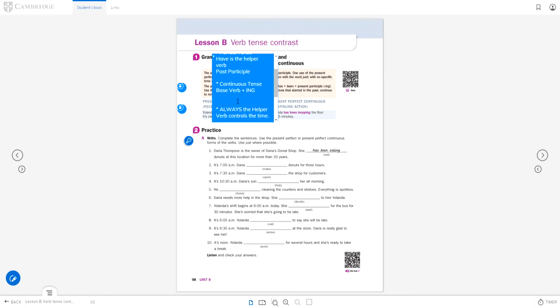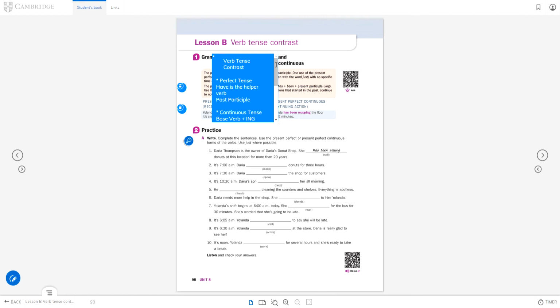Then you're gonna have been, the participle of the verb to be. Then the base verb plus ing. Okay? And what's the difference between present perfect and present perfect continuous?